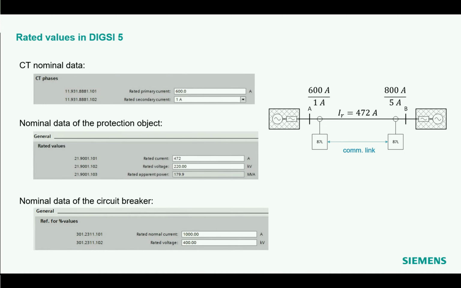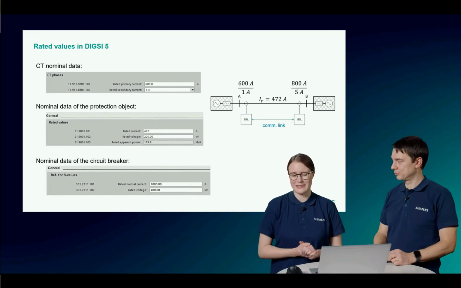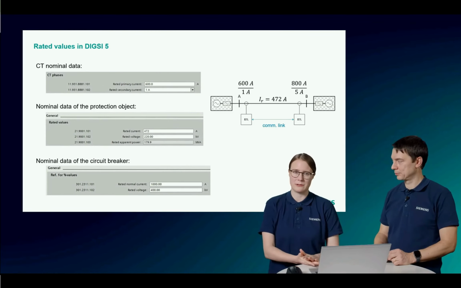If you don't want to get confused and work in percentage, then it's a lot easier if it's the same in all devices. But I don't know if a lot of people work with percentage settings. But this is what this nominal value is used for.